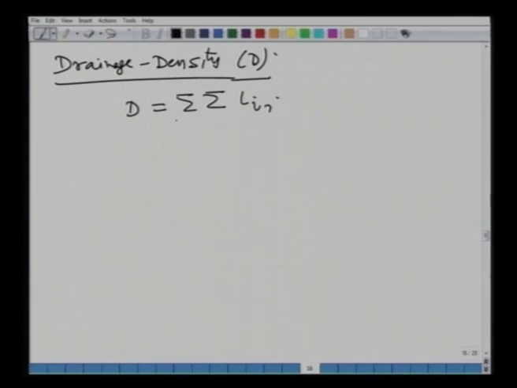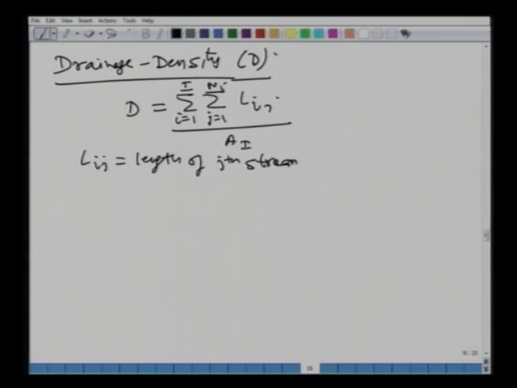One is I running from 1 to capital I, all the streams, and then j running from 1 to n_i, and this whole thing divided by A, where L_ij is the length of jth stream of order I. So, this drainage density basically represents the ratio of the total length of streams divided by the total area.